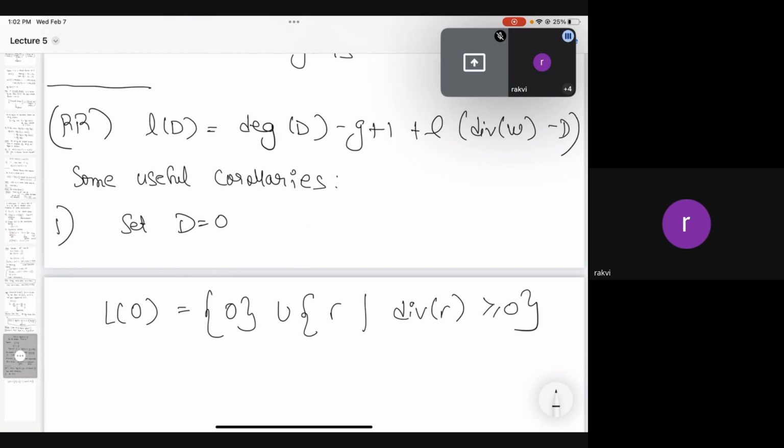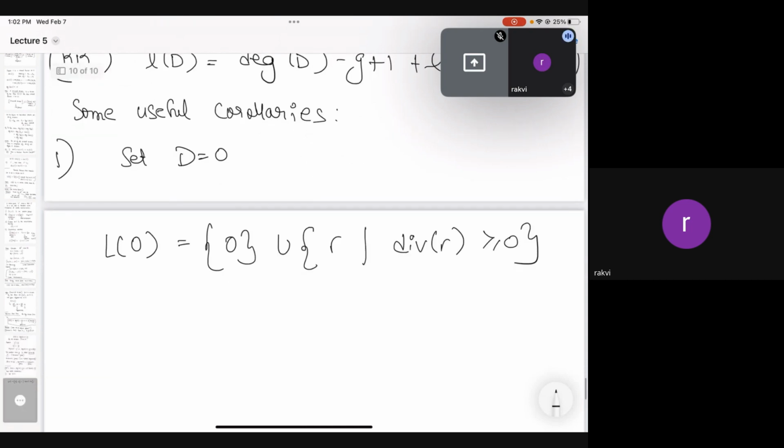If I take a rational function and all the coefficients of the associated divisor are positive, what it means is that there are no poles. And if there are no poles, there can be no zeros either. So this R has to be a non-zero constant. So this just consists of 0 and all the non-zero constants, which are basically the non-zero field members.